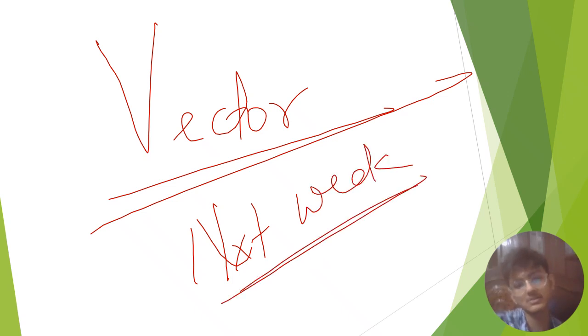This video will reach you on 27th April, and in the week of 27 April to 2 May we'll start vectors. It will be covered in 3 or 4 lectures. I'll discuss it with you in the community post.